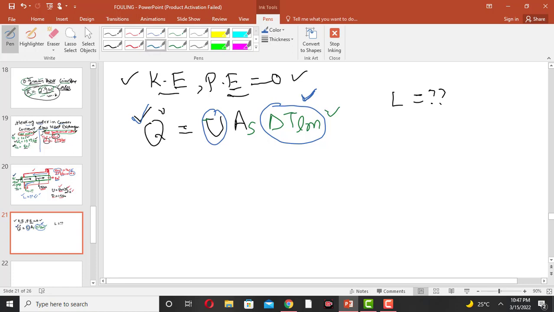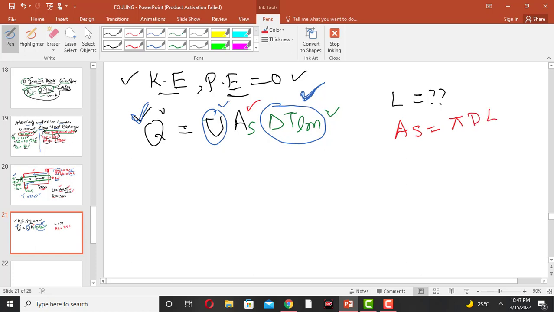So first we will determine the heat rate, then the log mean temperature difference, and from these three quantities we will determine the surface area of the heat exchanger. Then from the surface area we will determine the length of the heat exchanger by using the formula that surface area is equal to pi D L.